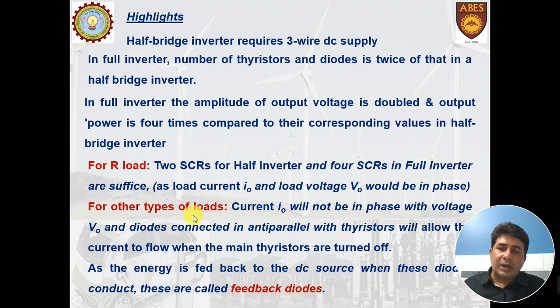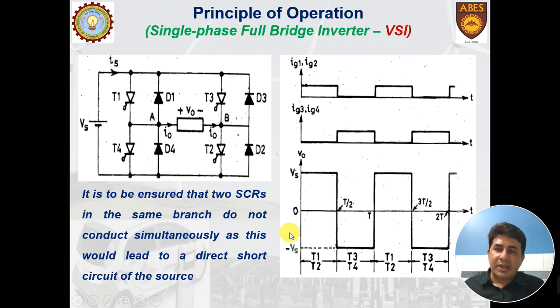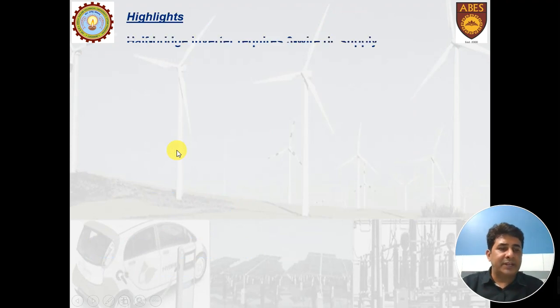But for other types of load, which may have RL load, RLC load, for all those loads, we need to have these diodes in anti-parallel, because the energy that is stored in the load inductance is to be released, and these diodes will provide the feedback path for the release of that energy.